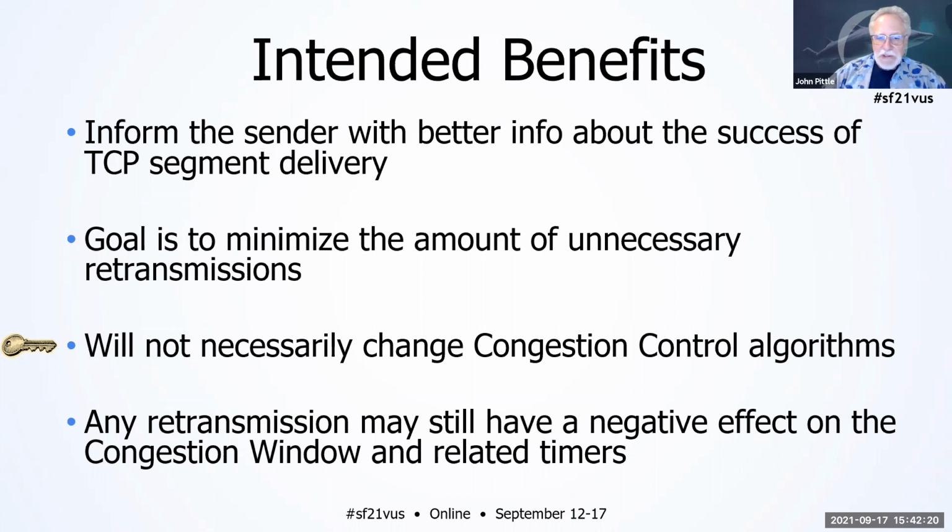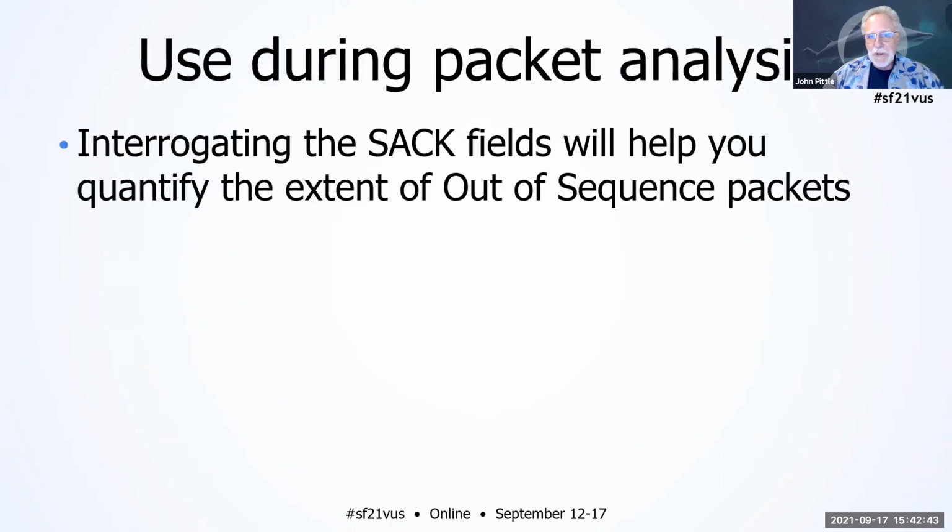Any retransmission that you have may still have a negative effect on the congestion window and all of the related timers that are associated with retransmitting and influencing the congestion window size. And we're definitely going to see some examples of that as we drill into our field exercise.